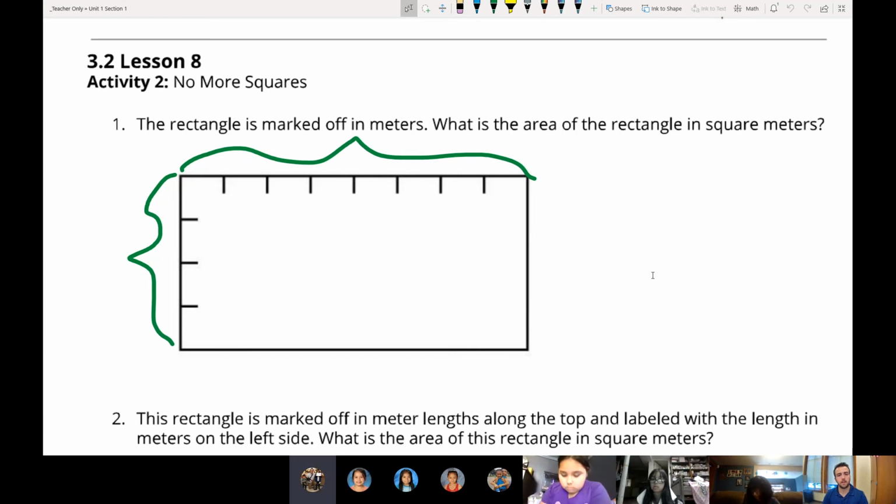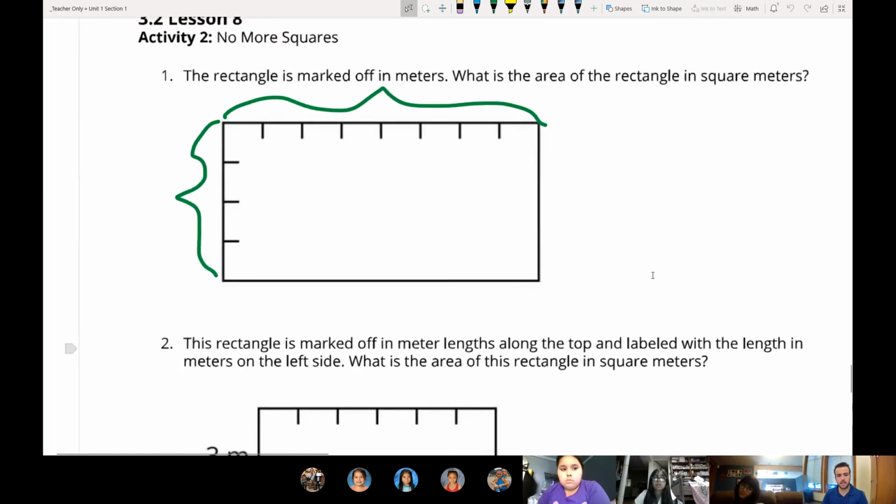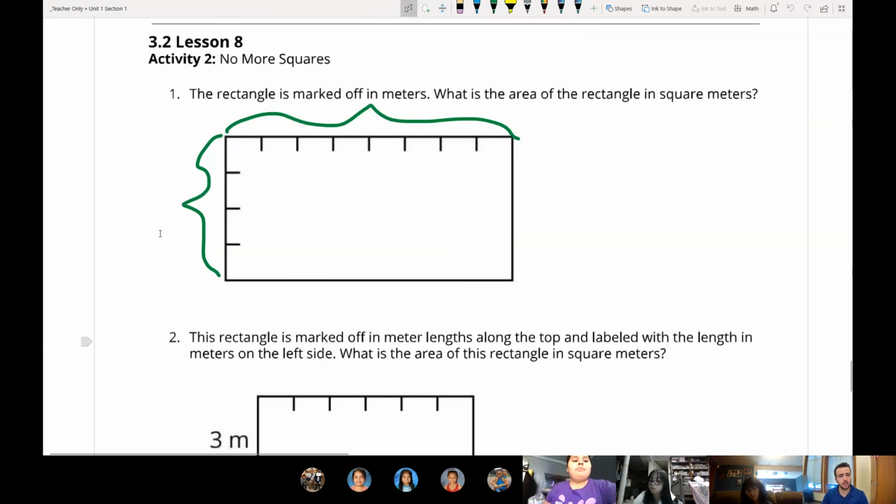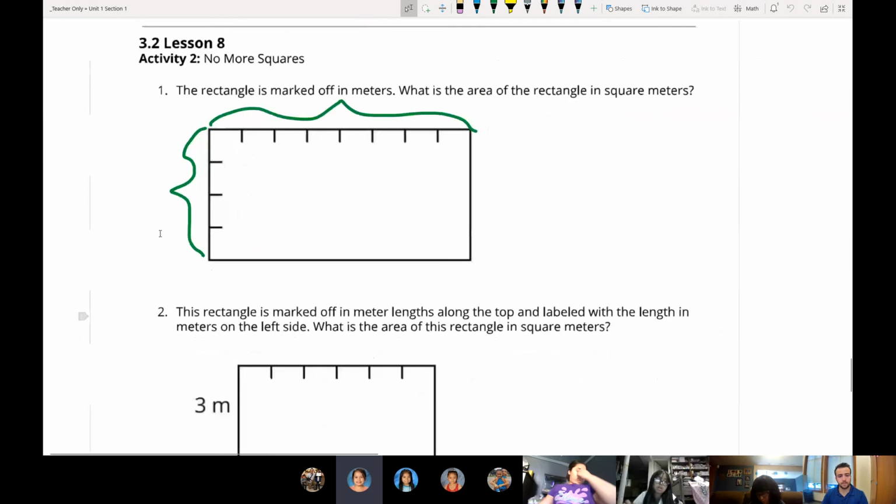You can add or multiply. Okay, you can add in groups or multiply the sides. Yeah. All right, very good thinking. It's a very similar problem for the second problem here. Find those side lengths. Let's multiply them together or add in groups, and you'll be able to answer both of those questions.